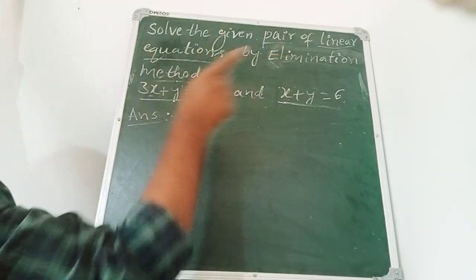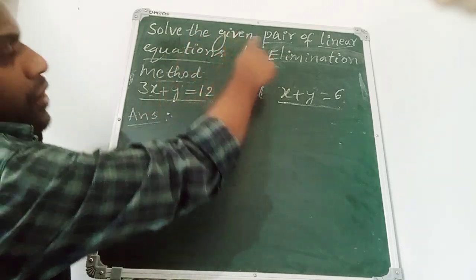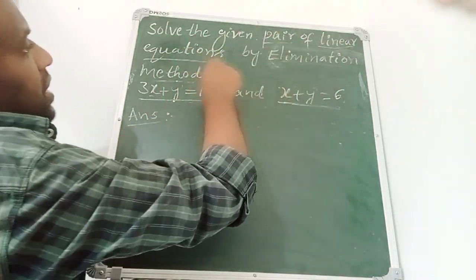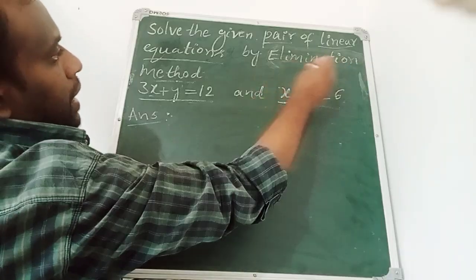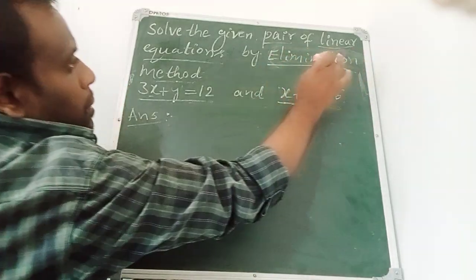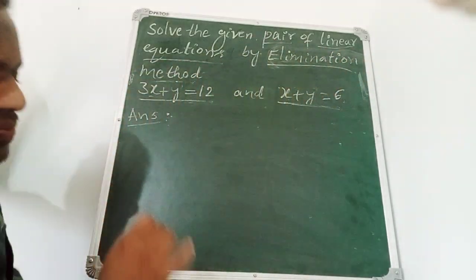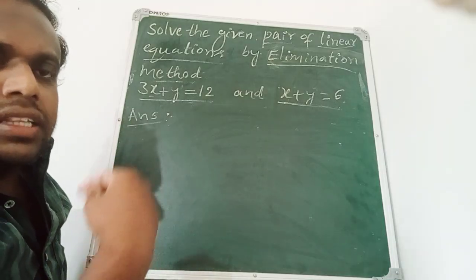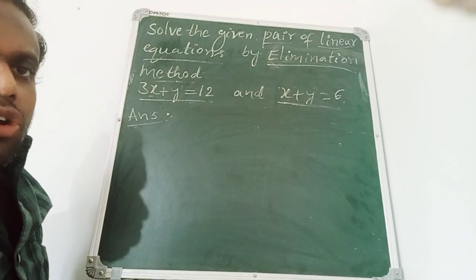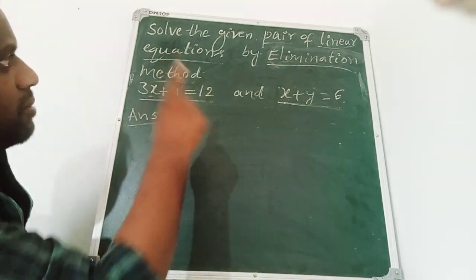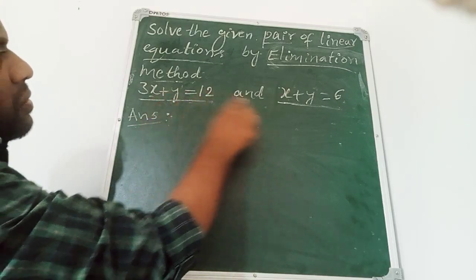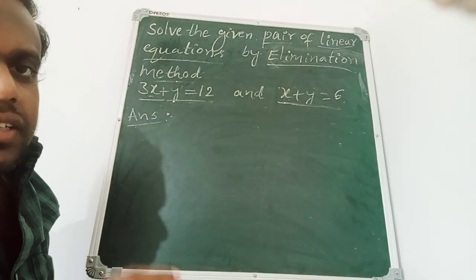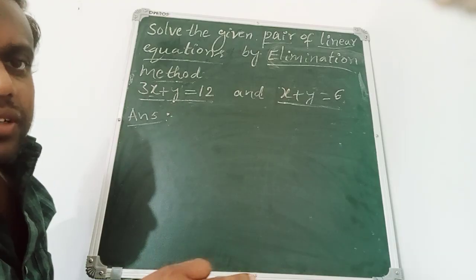A question. Solve the given pair of linear equations by elimination method. See, in another video I have explained the same equations, but the method was substitution method.